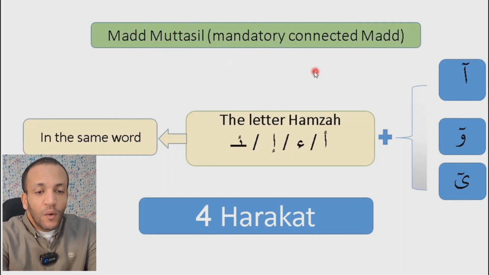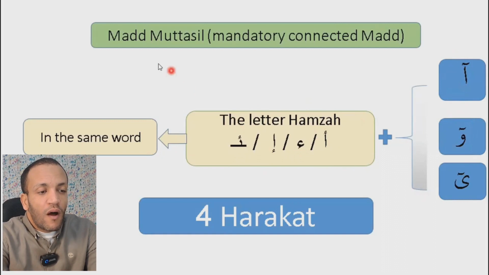This happens when the letter of Madd is followed with the letter Hamza, but this must be in the same word. Here are the shapes of the letter Hamza. So by reading, you come to a word where you find the letter of Madd, any of these three letters, followed with one of these shapes, the shapes of the letter Hamza.